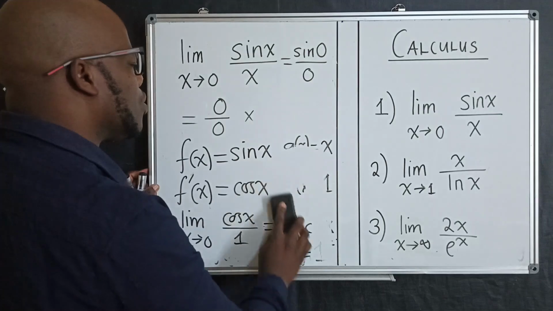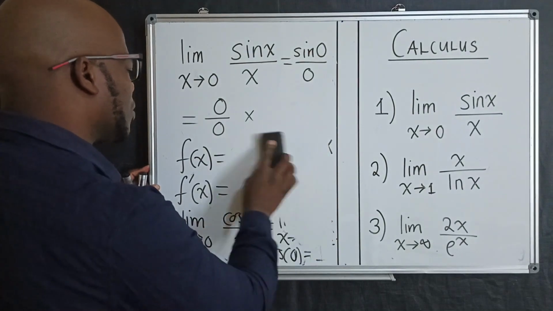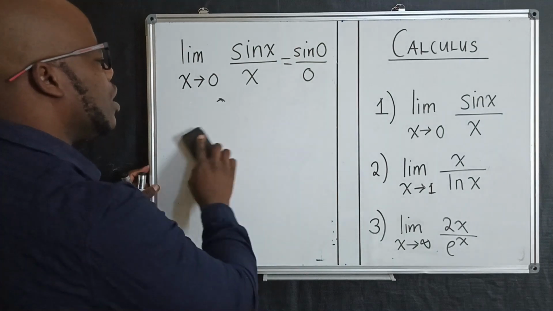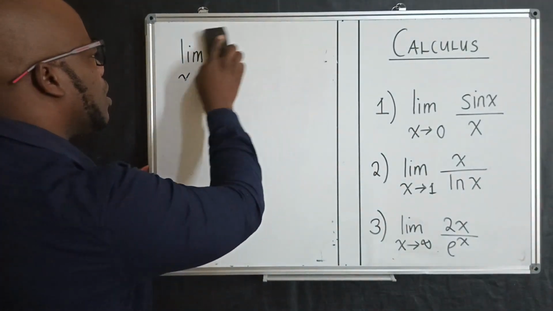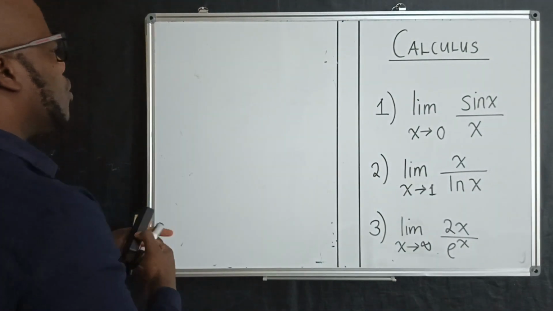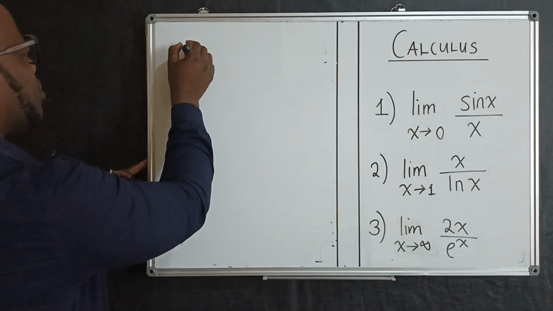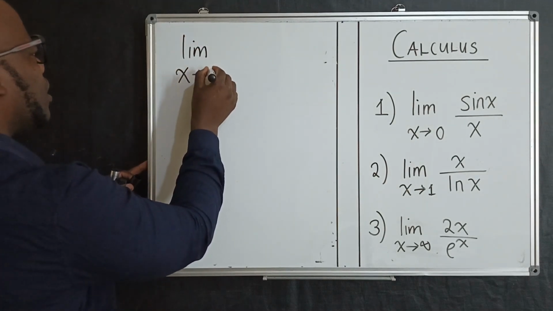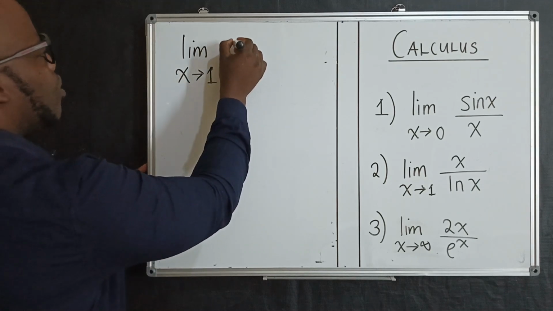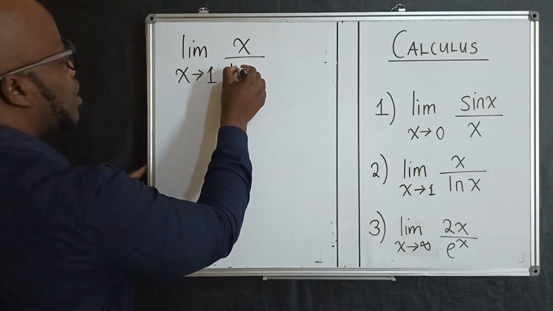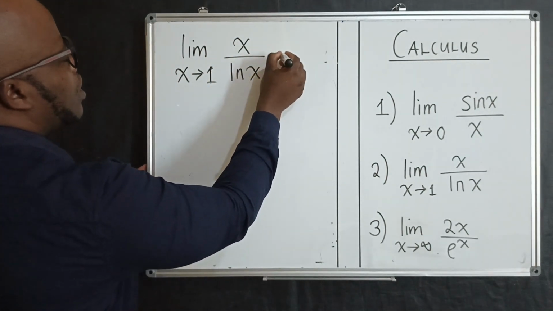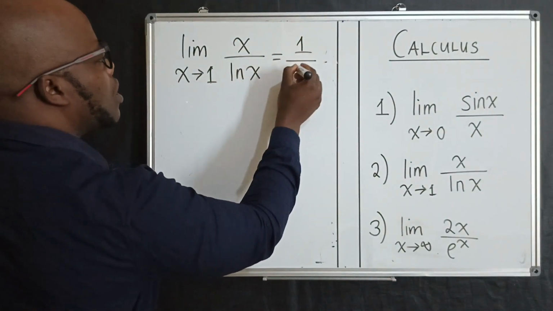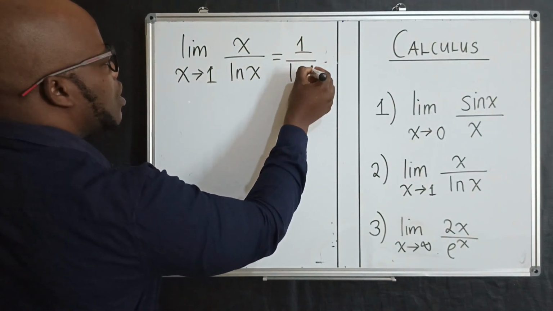Question 2 is also dealing with limits. It's dealing with the ln, the natural log. So when you get the limit as x approaches 1 of x over ln x and plug in, we shall get 1 over ln 1.